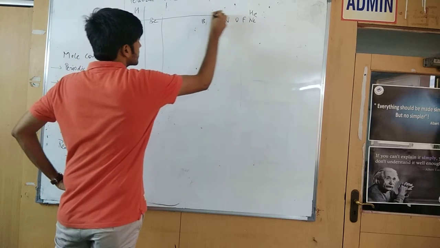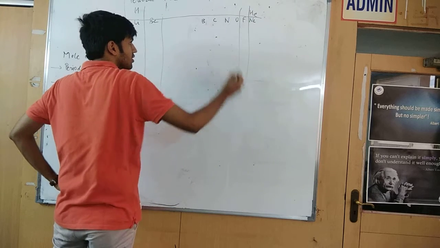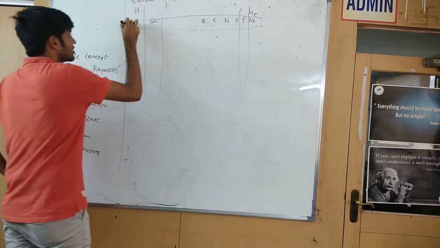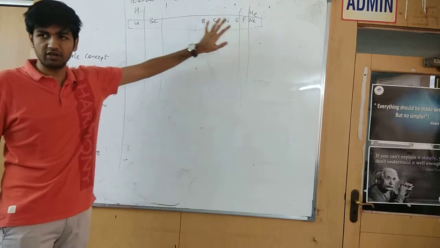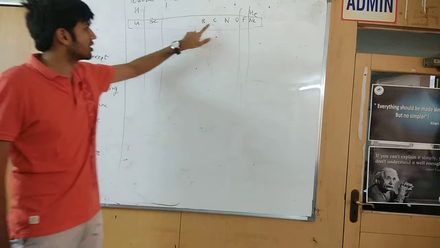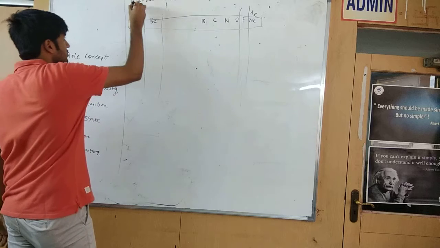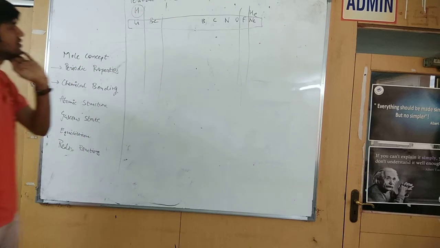So this line is most important because most of them are the first element of the family. Okay, beryllium, boron, carbon, nitrogen, oxygen, fluorine. Here we have helium. Hydrogen shows some different kind of properties, but that's okay.